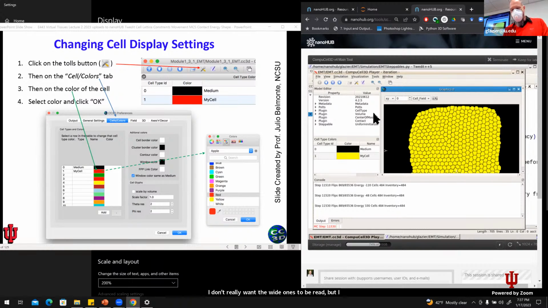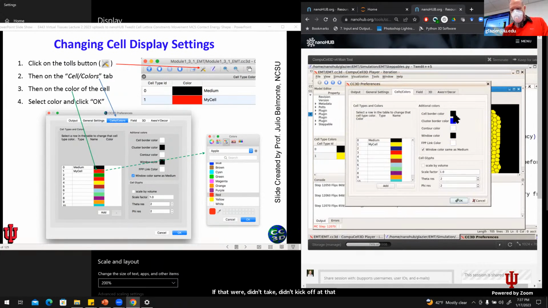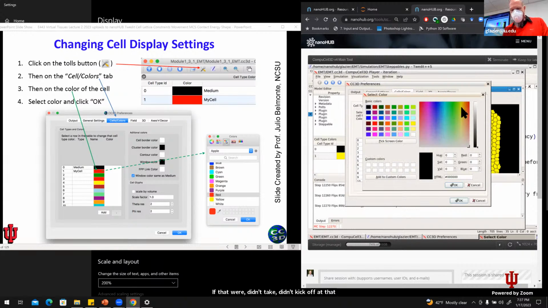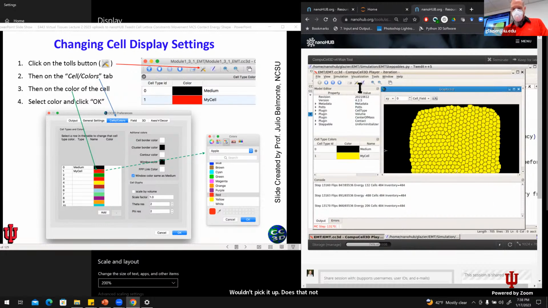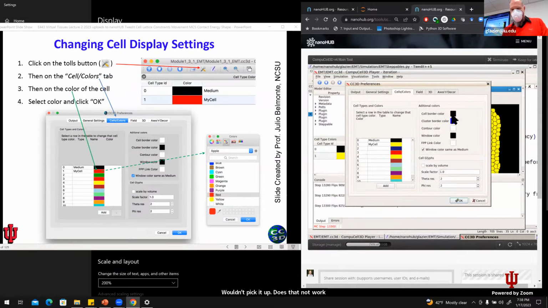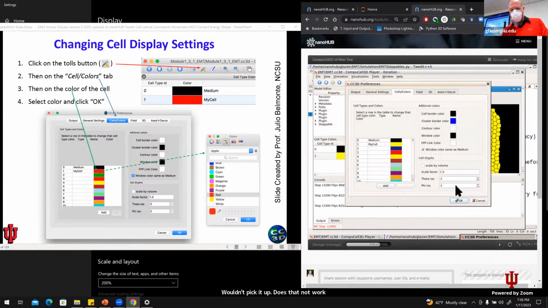See if that works. Didn't pick up, I don't think. I have to try that. Try that again. Cell border color, red. Yeah. Didn't pick it up. Does that not work? No, it doesn't pick it up.